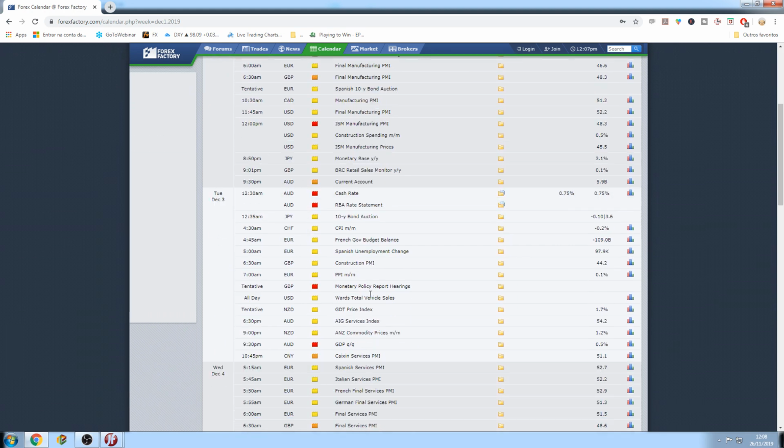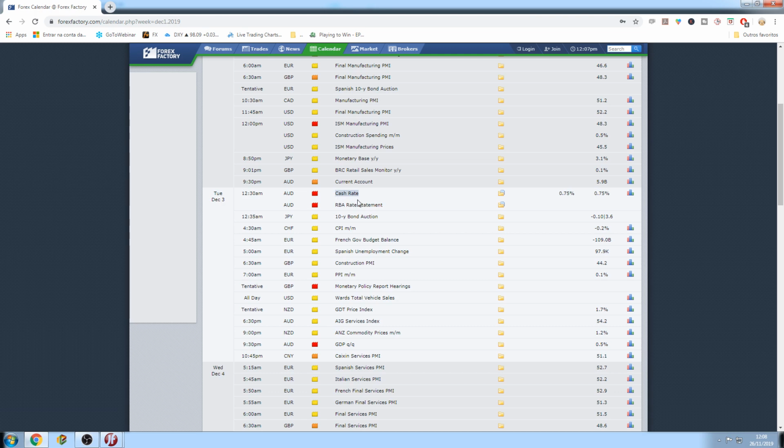So there you go. On Tuesday, December the 3rd, on my time, it's going to be midnight and a half. There is from Australia the cash rate, so this is the interest rate decision.